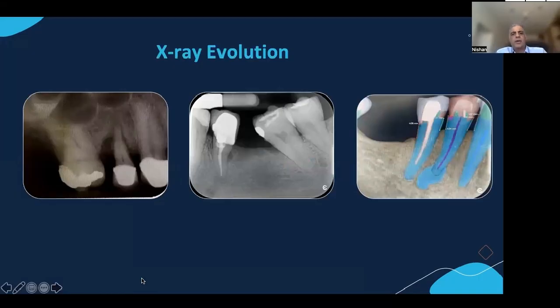So just a little bit about the X-ray evolution. When I first started dentistry in '94, we had the old film X-rays, and it was interesting. At the time, you would use an automatic processor with fixers and developers in the machine, and you'd come out with an X-ray, pretty much as you can see on the left-hand side.